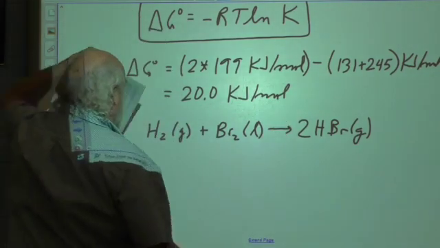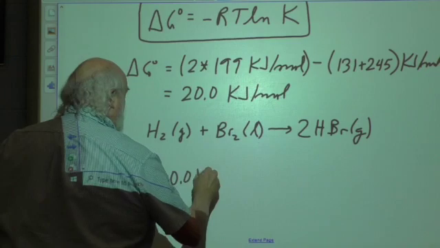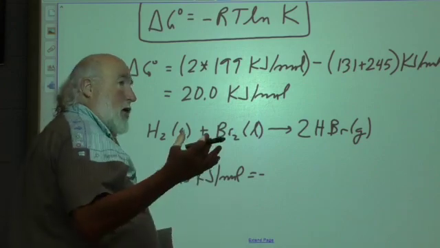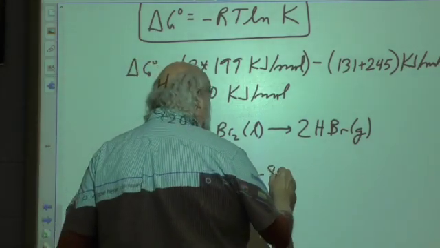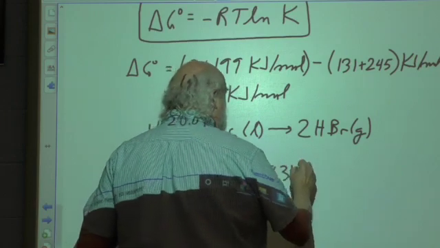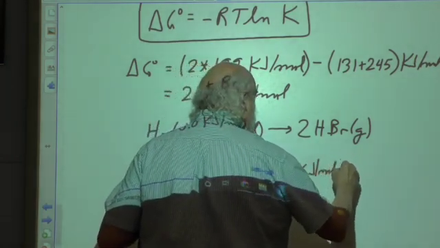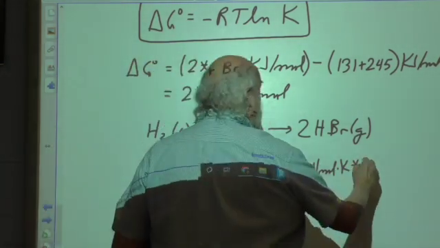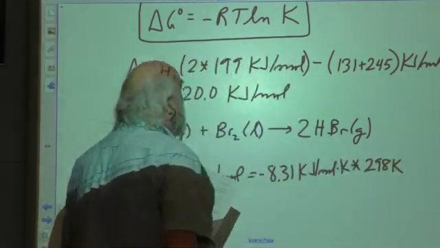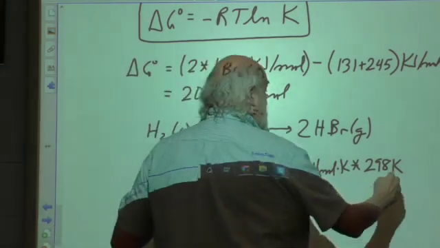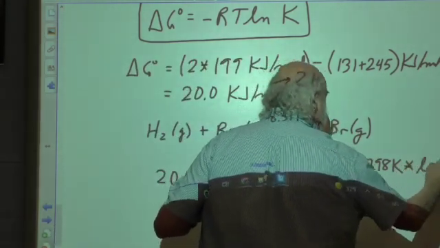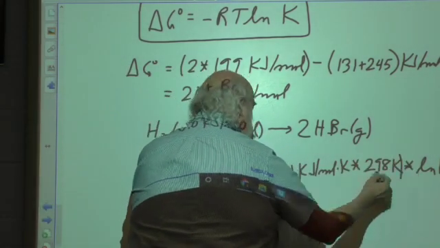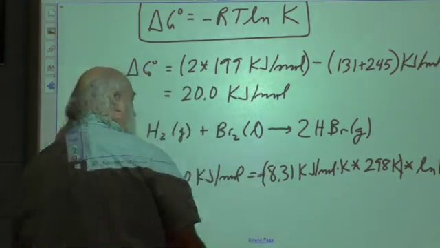So I'm going to put in 20.0 kilojoules per mole right there, equals negative, and now we're going to use that kilojoule version of R, which is 8.31 kilojoules per mole Kelvin, times the temperature, which we said is 298 K, times the natural log of K. So now I'm going to divide this by this whole thing right here with the negative sign.